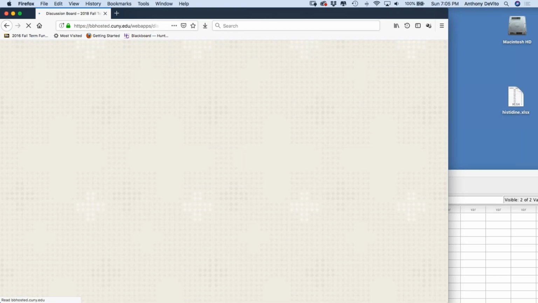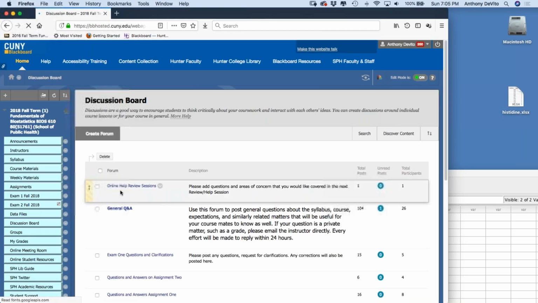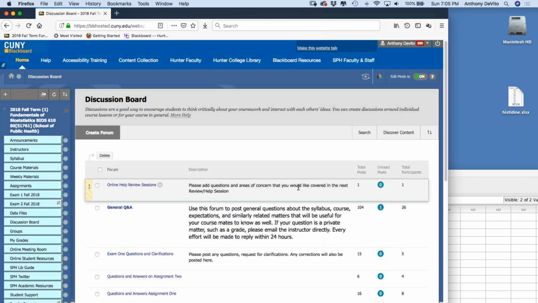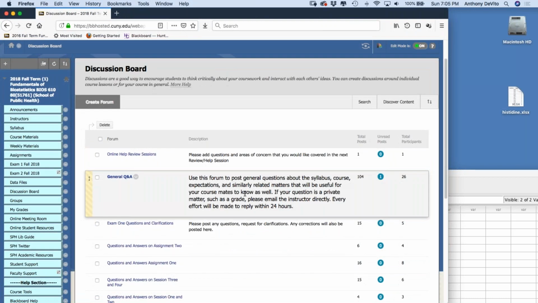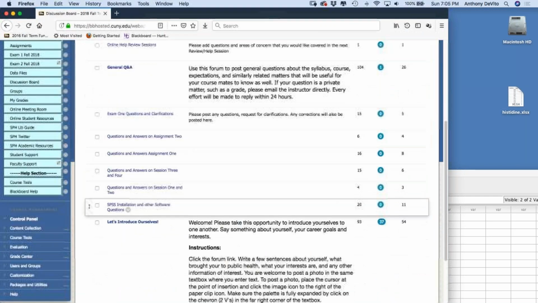In the discussions board, there are already set up online help sessions, review sessions, and postings where you can put a question or something like that. There's one question in general Q&A that just came up. I checked it earlier this morning, so someone must have just posted something.